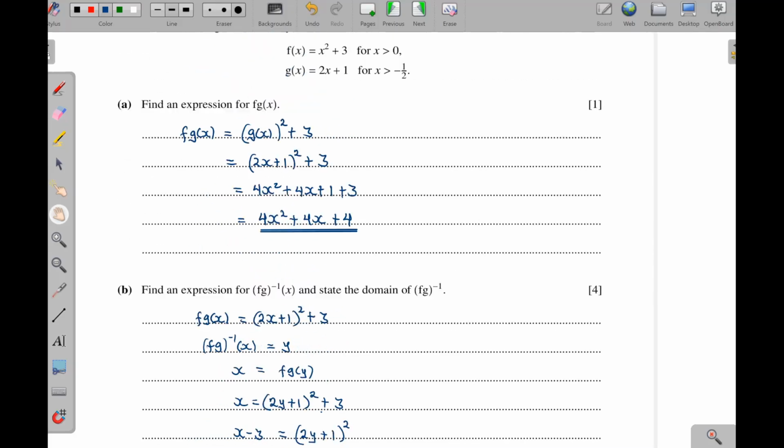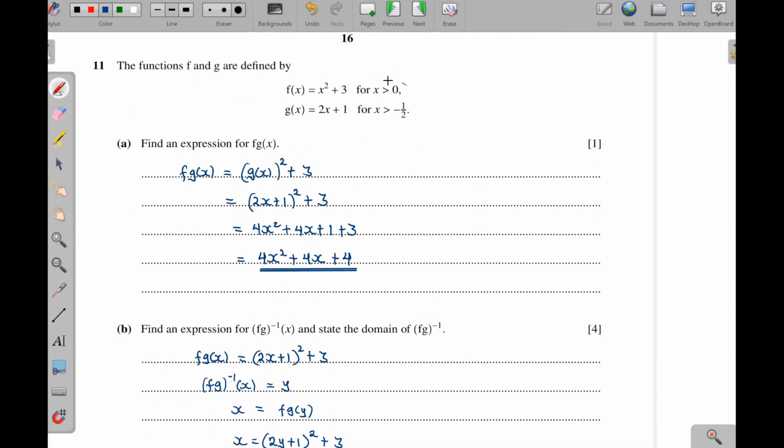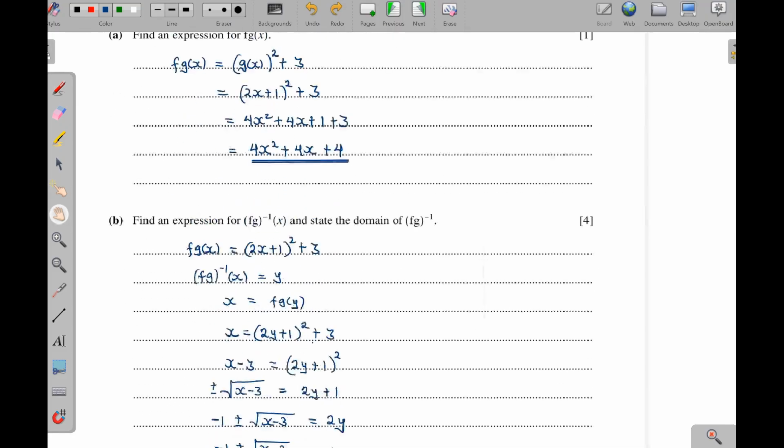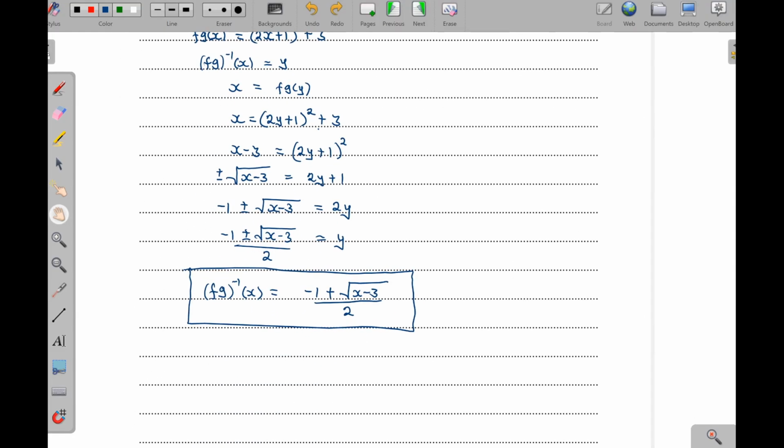Now when we go back here, since the domain of f here is all positive values of x, for this function here to be valid, what is inside the square root sign must be positive.